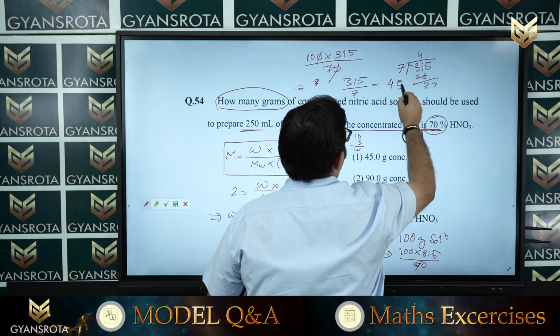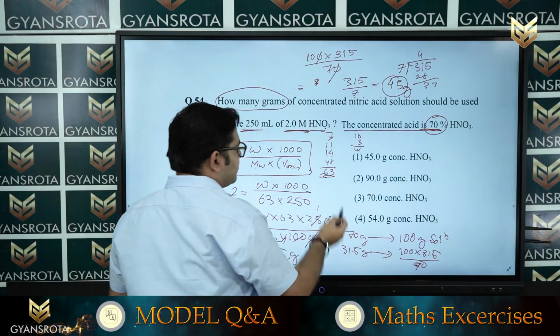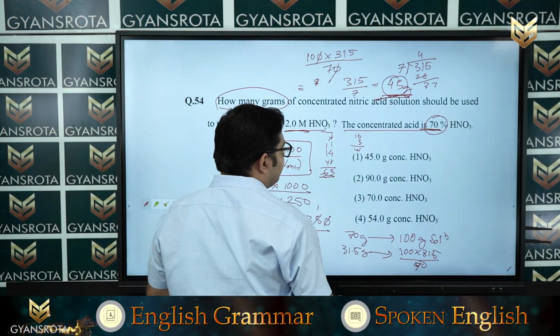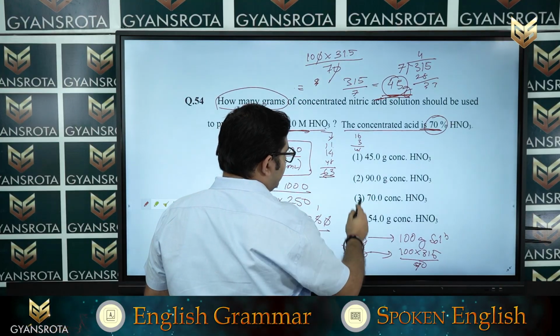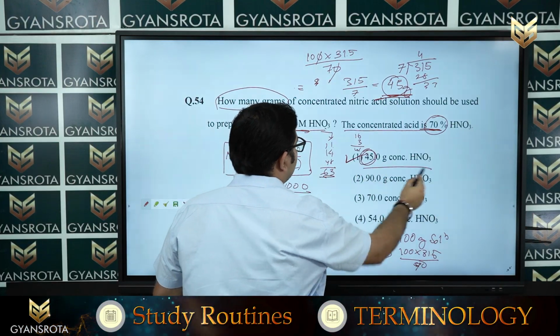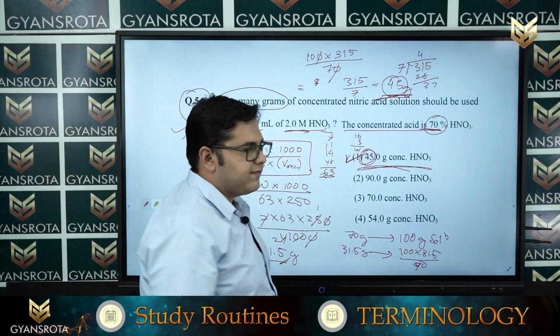So it will be coming as 45 gram. Now if you see, 45 gram of nitric acid will be present. In option number 1 it is given as 45 gram. Okay. So option number 1 is the correct answer of your question number 54.